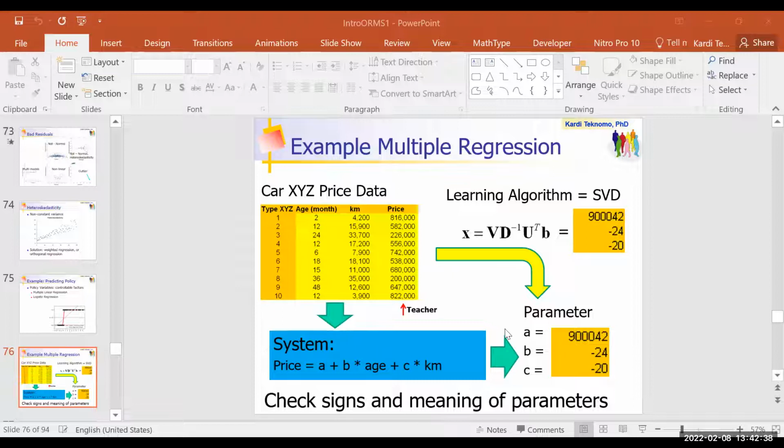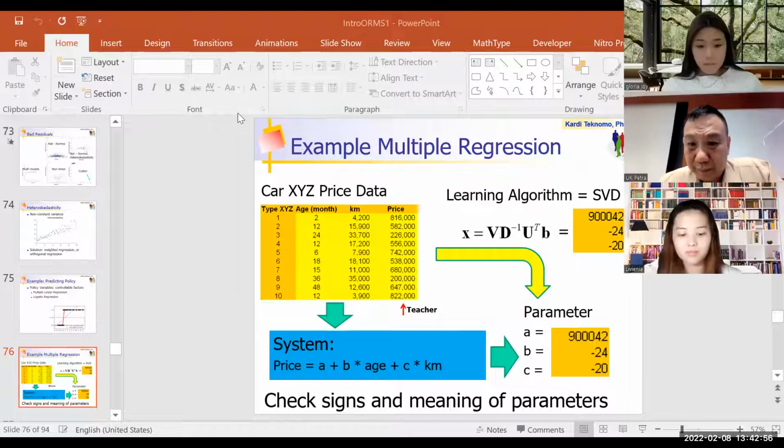Okay, so my question to you is this. What is the meaning of A, B, and C? What are the signs? How do you interpret this?